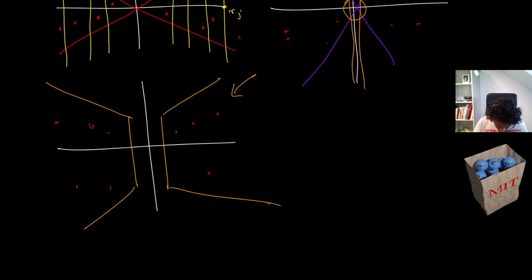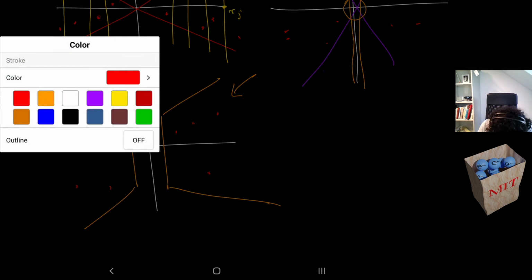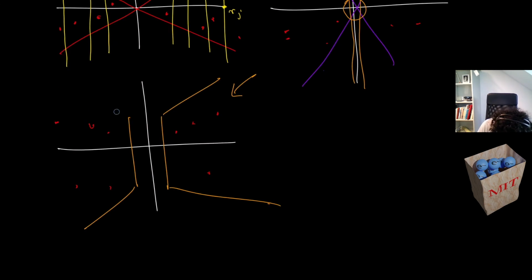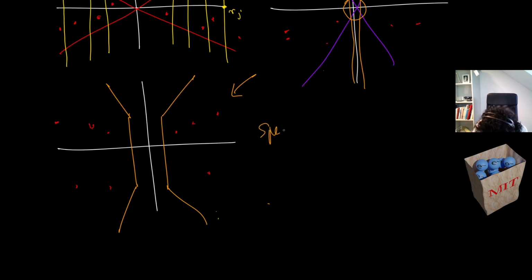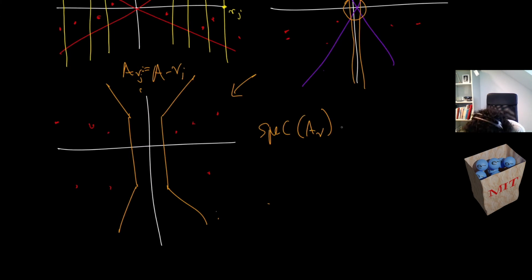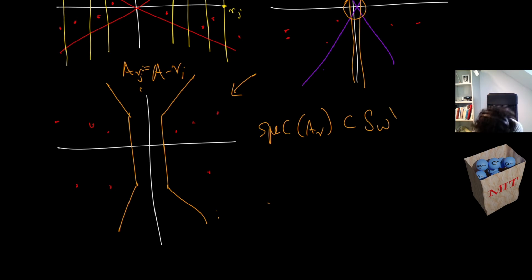Maybe I should have drawn these lines a bit sharper, because it doesn't look bisectorial now. So this is certainly a region. The spectrum of A minus Rj is now in S omega subtract some strip. It's even better, because now we can subtract some strip of some radius.